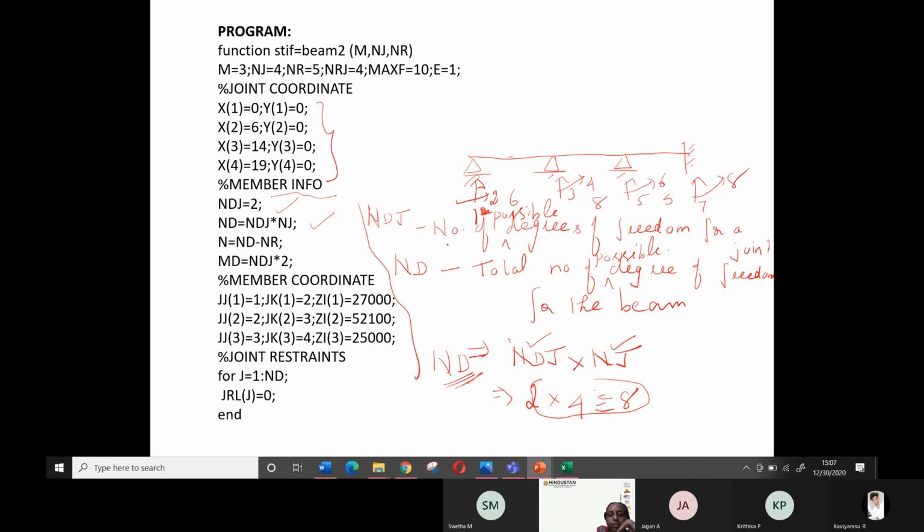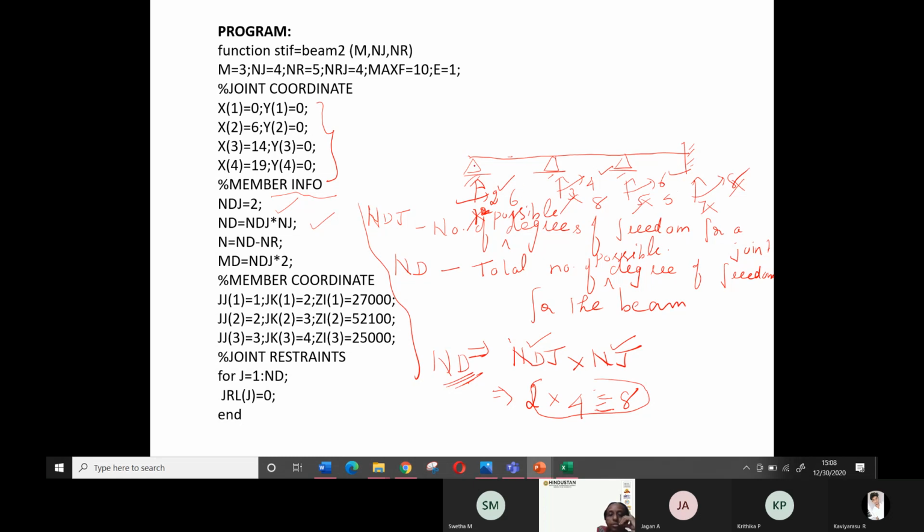I told you 1 is not there, 3 is not there, 5 is not there, and 7 and 8 are not there. Even though the possible values are 8, among these some are restrained: 1, 3, 5, 7 and 8 are restrained. So what we have remaining is 2, 4, 6. Whatever I put a tick mark on, these are the degrees of freedom.